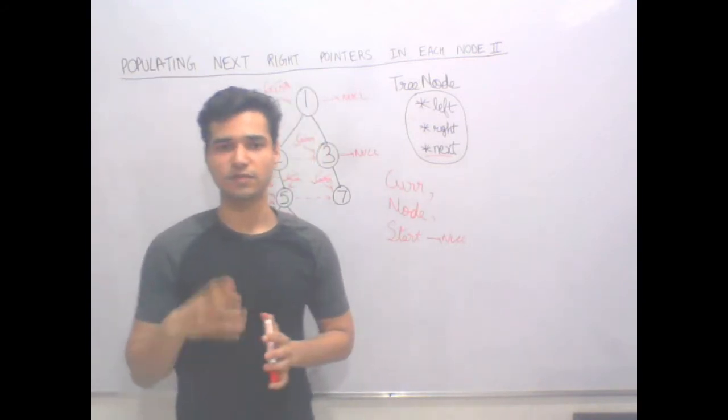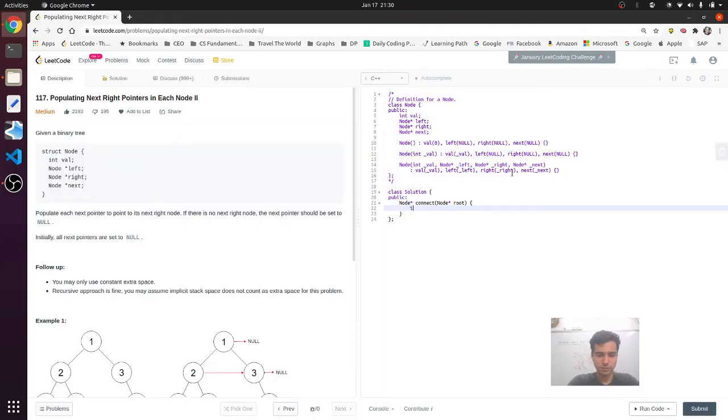Now let's write the code. So just base case, if it is null, we'll just return it. We will need 3 things: current, which points to root, and start, and node.